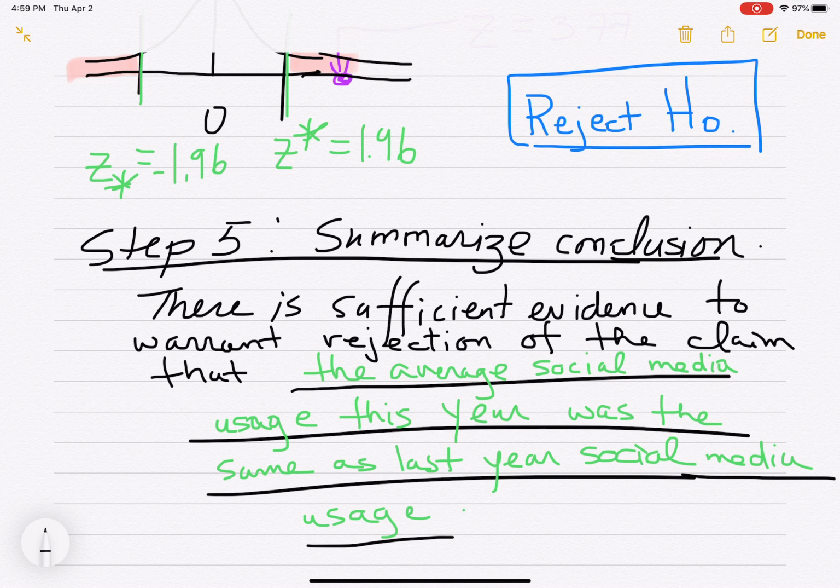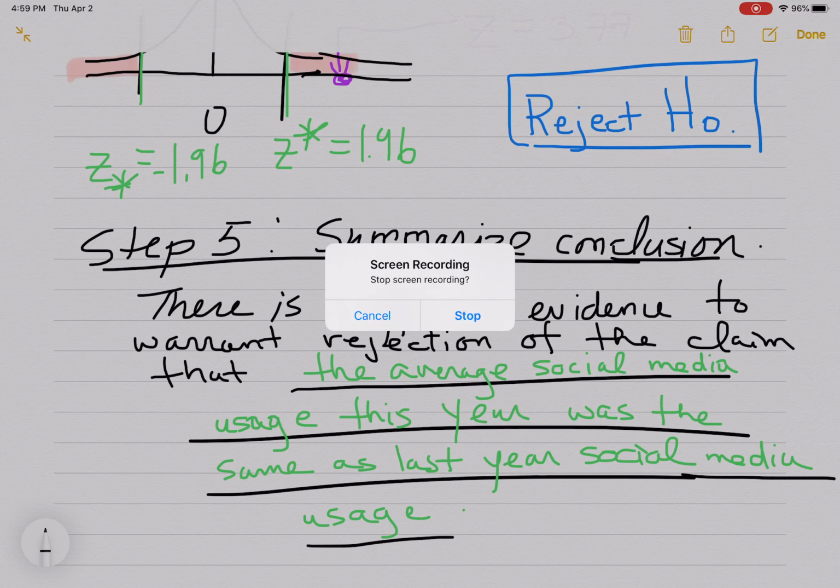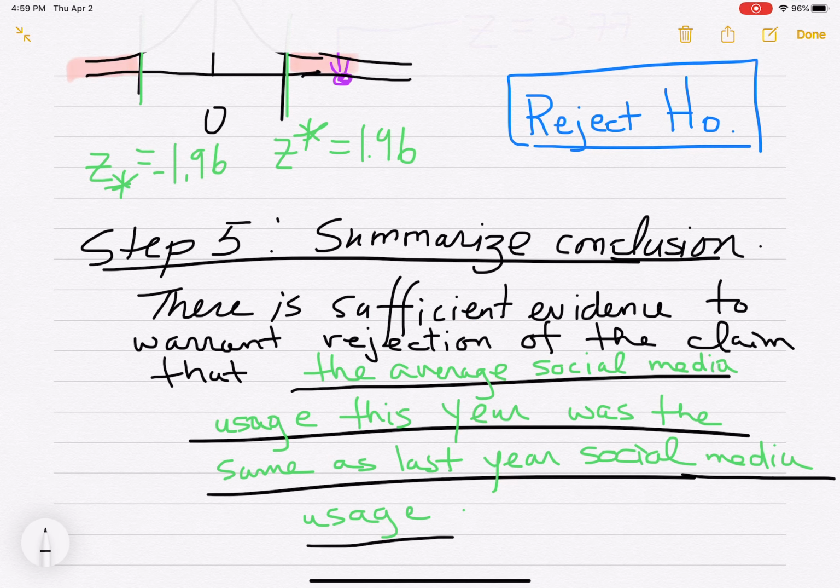Yep, so there is sufficient evidence to warrant rejection of the claim. So rejecting the claim that this year's was the same as last year's. Okay, so yeah, there's a two-tailed Z hypothesis test for population mean.